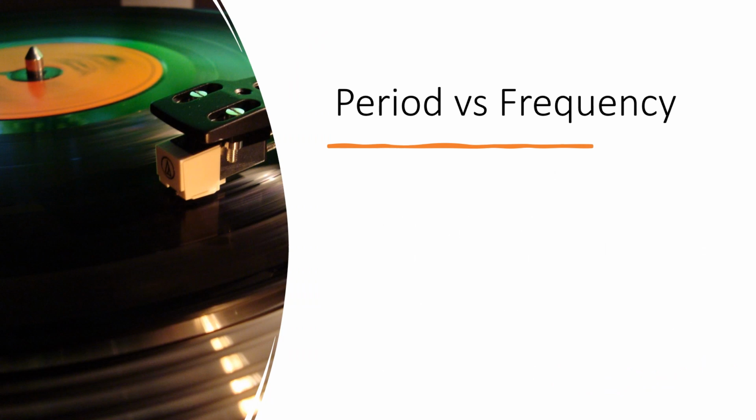Now, when things spin in a circle, we have different terms for the way things spin and how they spin. So we've got these terms called period and frequency. So period is how long it takes an object to make one full circle of a rotation.